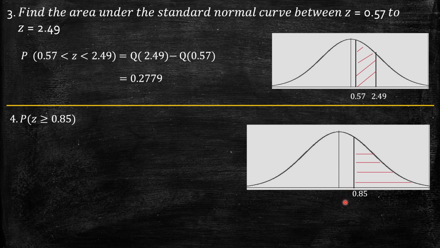We know that the right side full area is 0.5. From that 0.5 we need to subtract this area, which gives the area of the shaded region. That means 0.5 minus A of 0.85, where A of 0.85 means the area from 0 to 0.85. But if I use the calculator, I can directly get it just by pressing R of 0.85, which gives 0.1977.